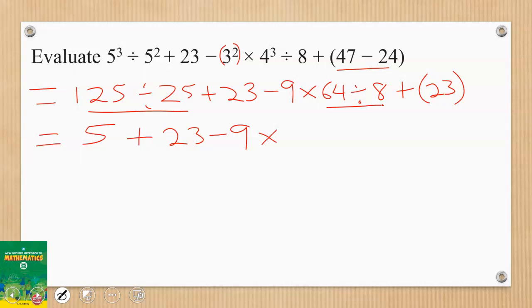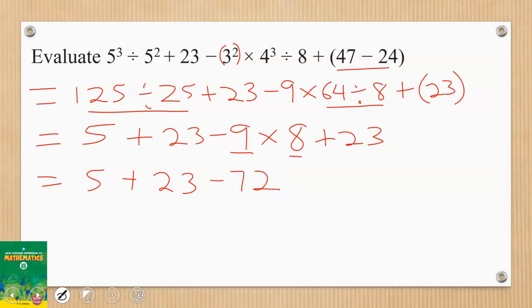Okay, 64 divided by 8 will be 8, then plus our 23 here. Step by step we are moving. Now no more division. Let's deal with multiplication. So we have 5 plus 23. Now this is going to be minus 9 times 8, which will give us negative 72, right?